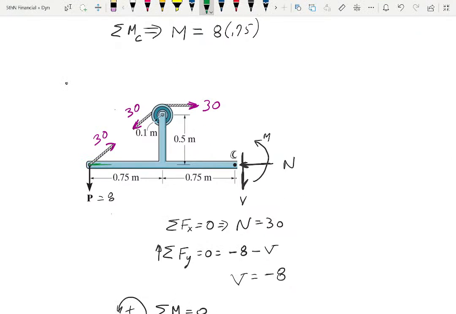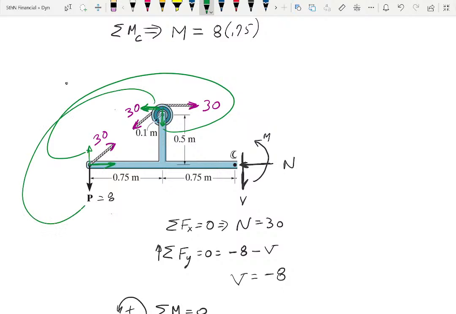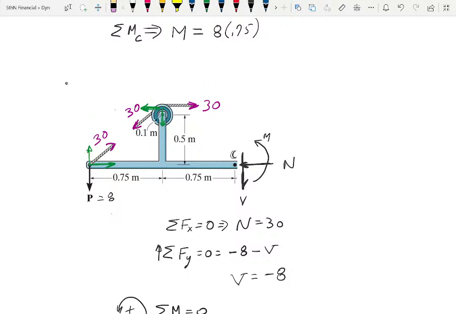I'm going to find the component of the force going this way and the component going that way. Is this the picture I'm working off of? No, here's the picture I'm working off of. Let's work off of this one. Guess what? This component right here is going to be the same as that, and this component going right here is going to be the same as that. But I still have to do it.